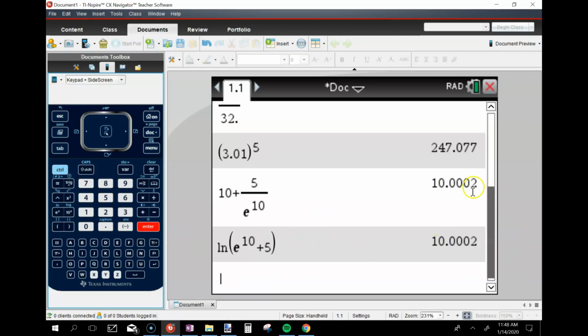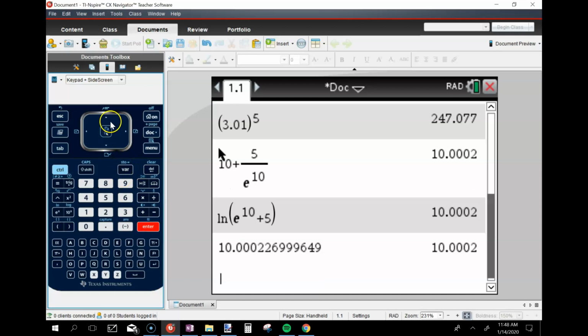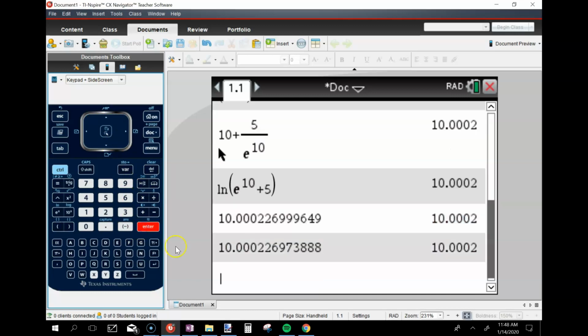Now, again, it's probably going to have something to do with the number of decimals that are shown. So there's that, and here's that. So which one was the overestimate? This one was, right? Not by very much, but that was the one that we estimated. So the linearization is really, really close here.